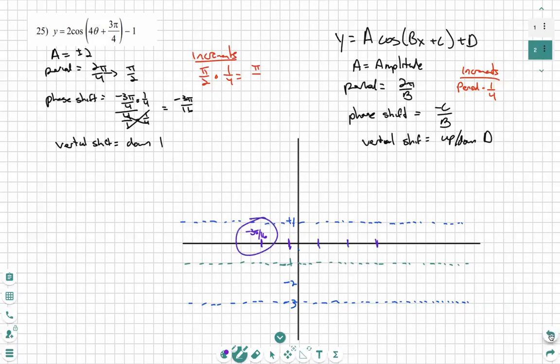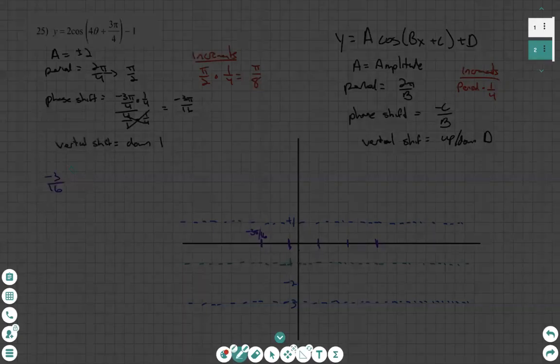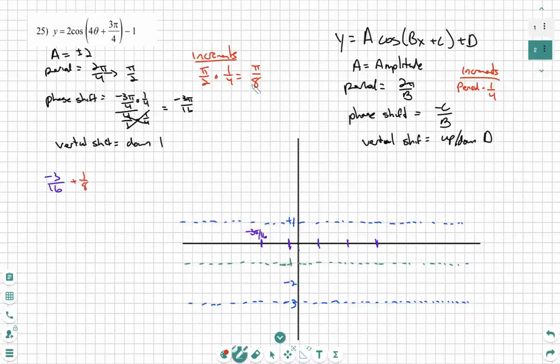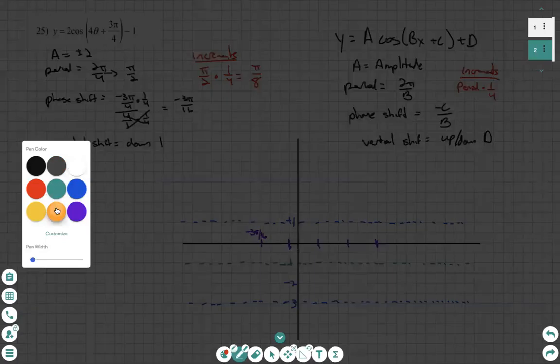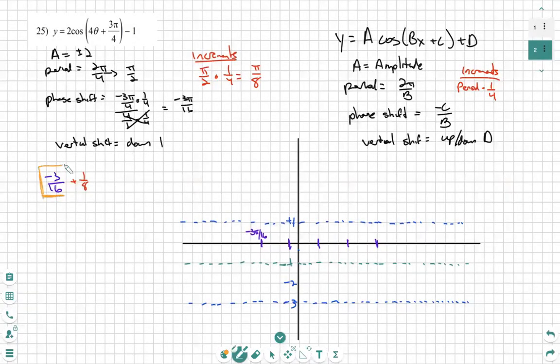My starting point is my phase shift, and we are going to move pi over 8 to my next point. So what I do is I ignore the pi's, take negative 3 over 16, and I add 1 over 8, my increments. So again, this is my starting point. This is 1 point. So I add 1 over 8, which we know we have to change, right? We have to multiply top and bottom.